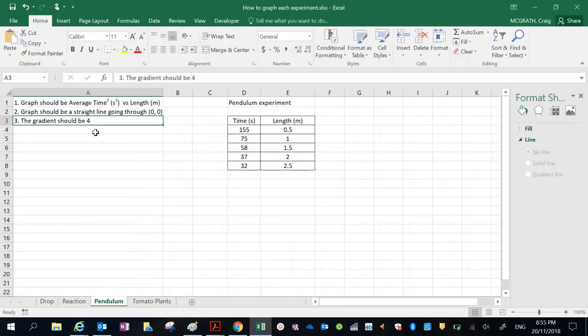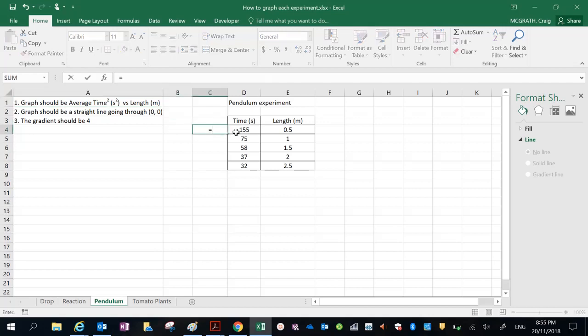Pendulum. Graph should be average time squared versus length. So there's time, length, we need time squared. Equals time squared. Okay, now I've just realised there's probably something wrong with these numbers, but let's do it anyway.